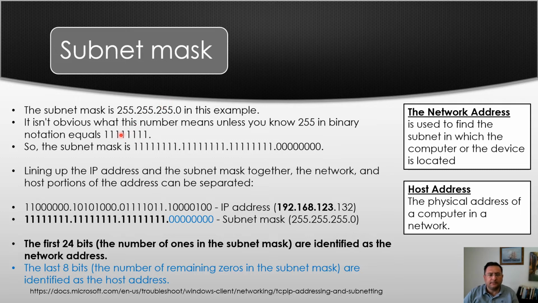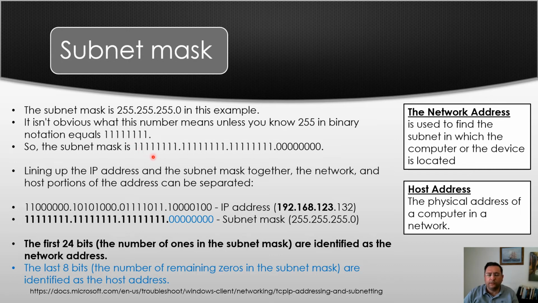And it isn't obvious what this number means unless you know that 255 in binary notation equals the 8-bit number 11111111. So the subnet mask here has 255 equal to 8 ones.